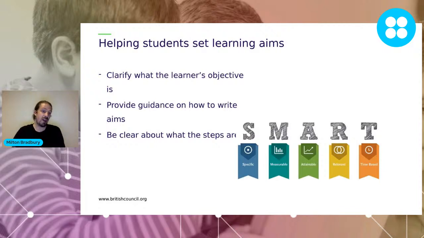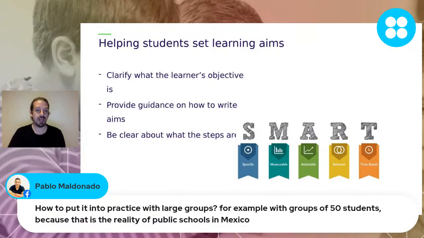Okay, so that might help motivate them. That might help give them an objective. Or if they want to be a bit more practical about it, then you can justify it by future study opportunities and things like that. So we need to help them clarify what it actually is.